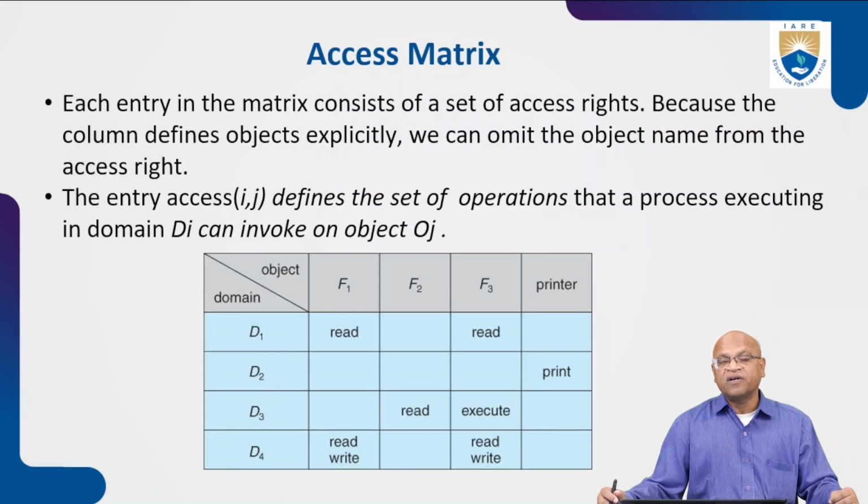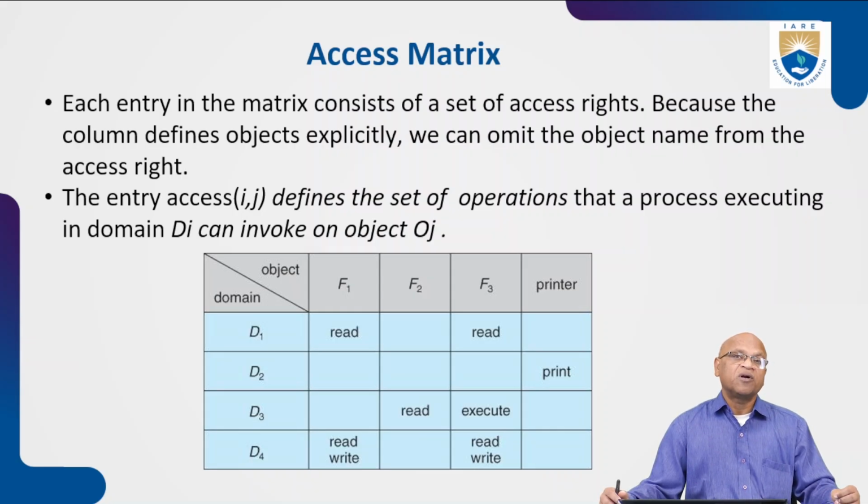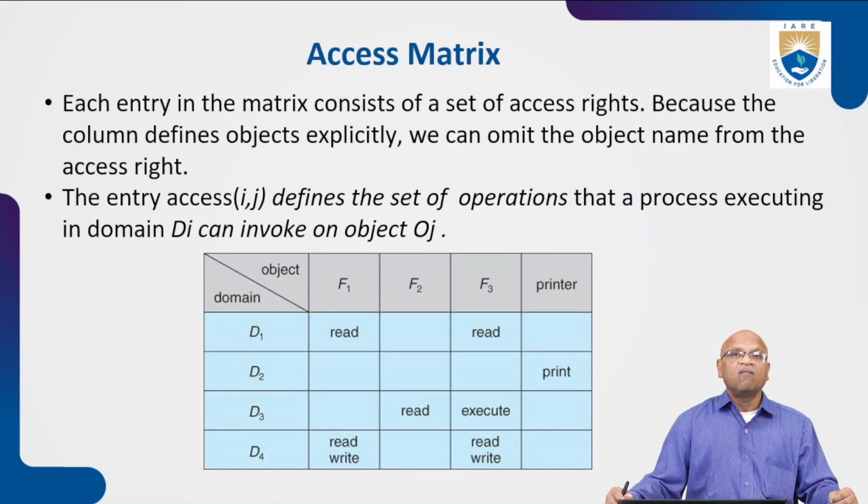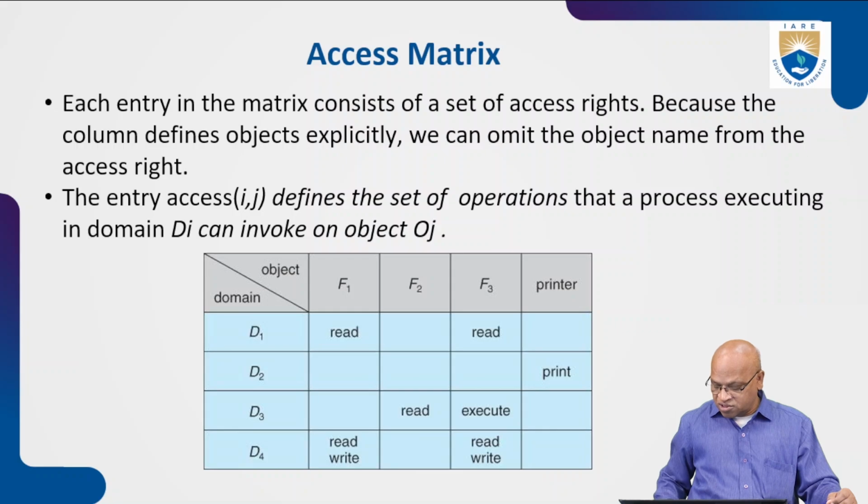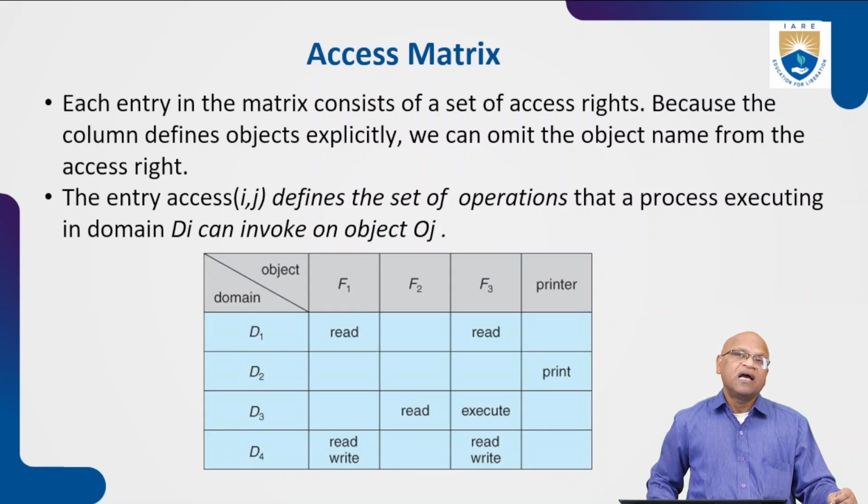Once we are doing some job on one particular object in a domain, only authorized work can be done. In that particular domain, only the permitted actions on the permitted resources can be done. That is nothing but the access matrix.